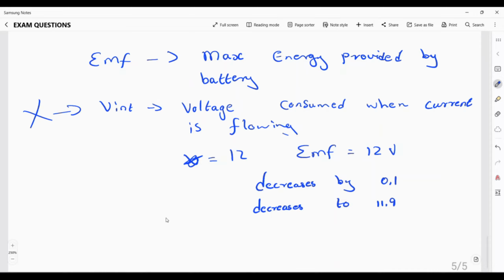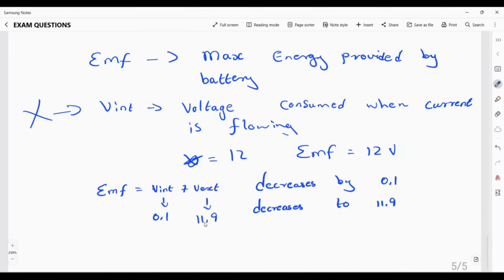So what I'm saying is my EMF is going to be made up of V internal plus V external. And then V internal, I said it is 0.1, and V external, I said it's 11.9. Now, look at this. If they say the EMF decreases by, your EMF has decreased by 0.1.